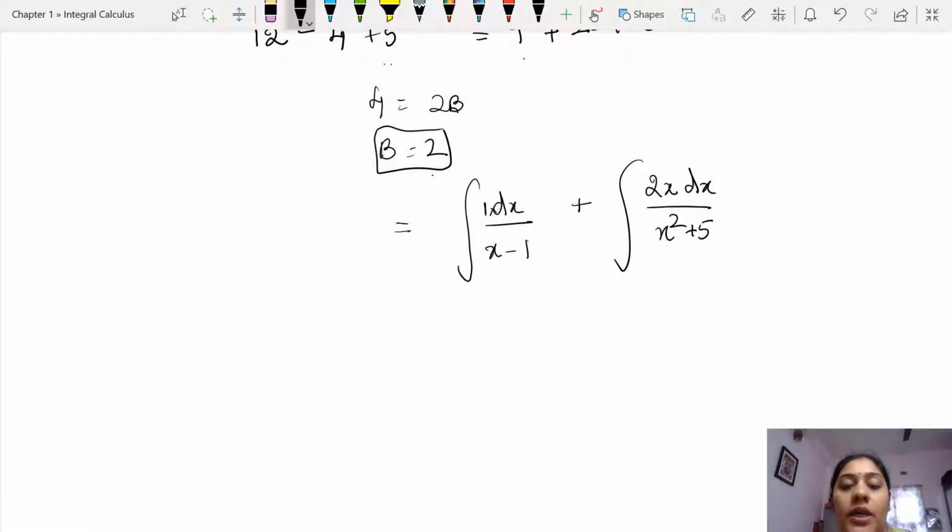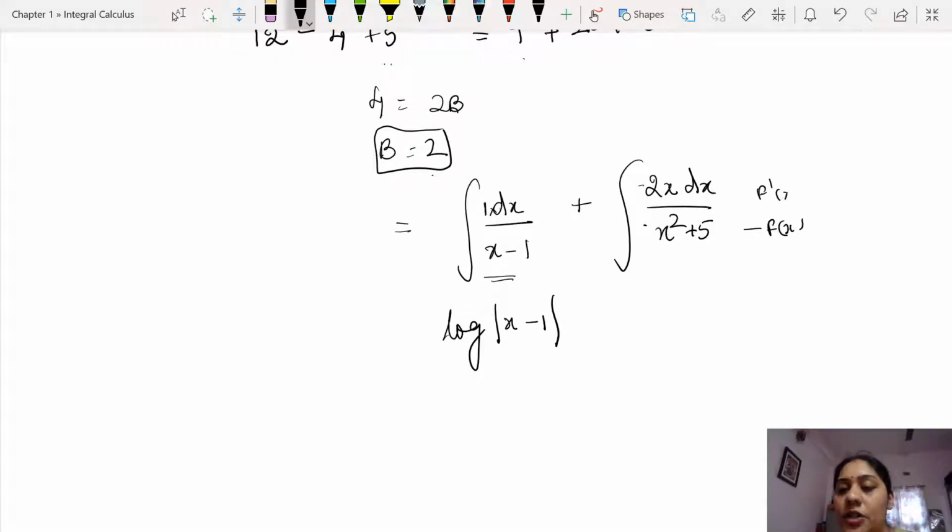Now if I have to integrate, this is very straightforward. It is log of x minus 1, and in this also you see I have given you a formula earlier. This is your f of x and this is your f dash of x.